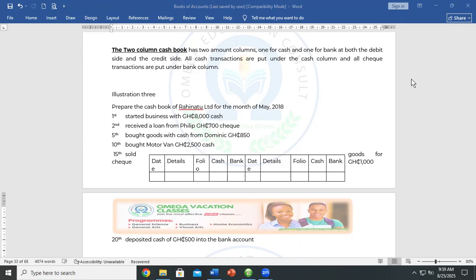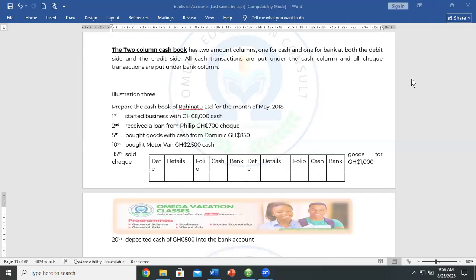Now, picking the point from the first type of cash book, which is the single column. This second type has two amount columns, where one is designated for cash and one is designated for bank. What does that tell you, professors? I just want to test you. Under the single column, we said that it is just one amount column, and it's used when the business is using either cash only or check only.